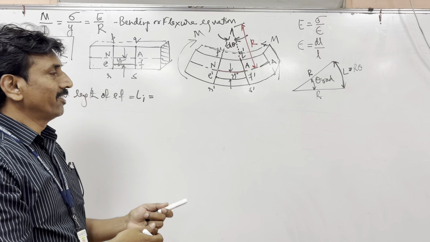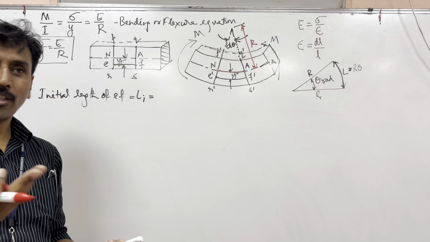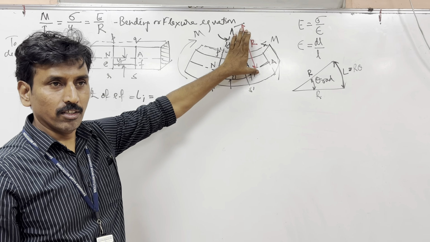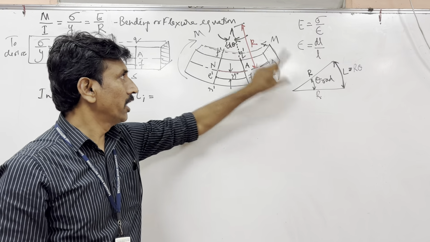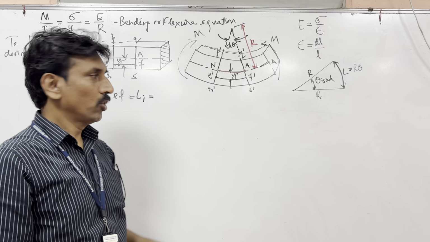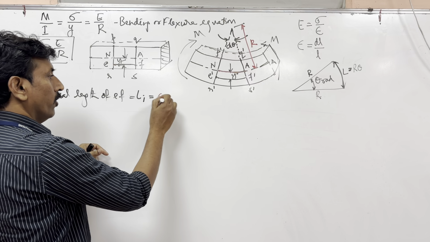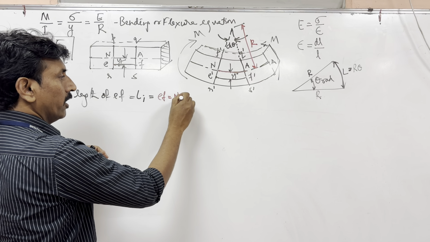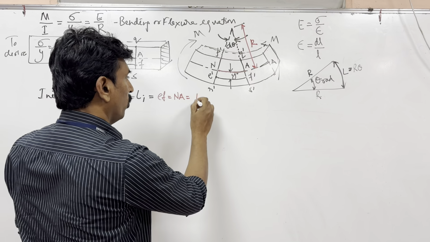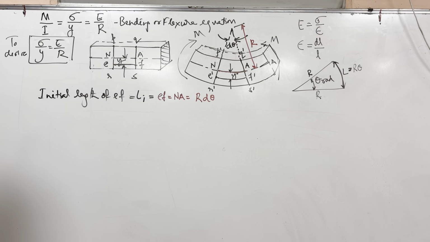Okay, R is the length, basically, instead of L. What is the angle? Theta. That will give you this NA. So I can say that initial length of EF is equal to NA. Therefore, you can write that it is actually equal to R into d theta, where this d theta is in radians.